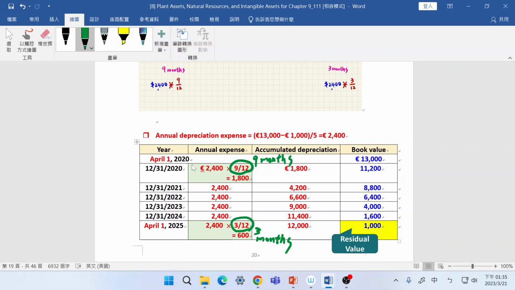Okay? Any questions? How could you make sure you did the right thing? Don't forget, double check. Last year, last date, your book value should be the residual value. Okay? Any questions?